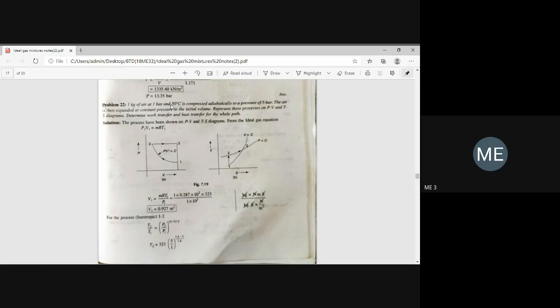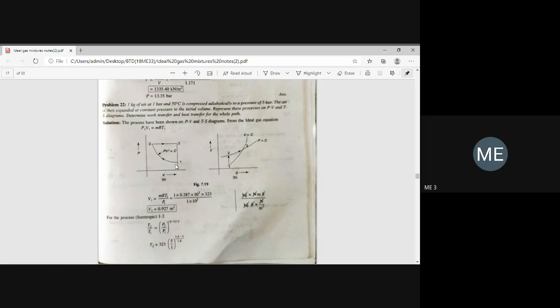So whenever conditions are given, you have to draw the PV diagram correctly and analyze whether it is a compression or an expansion. The first process is the compression process, and it is the adiabatic compression.